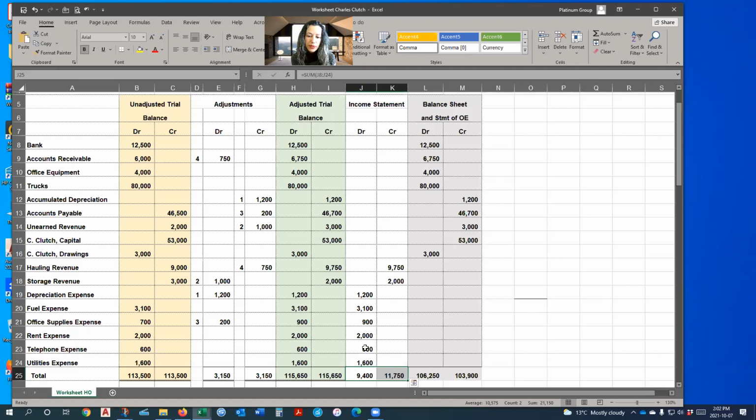Income statement debits are expenses. Do we want our revenues to be equal to our expenses? No. This is our profit. We absolutely want our revenues to be bigger than our expenses.